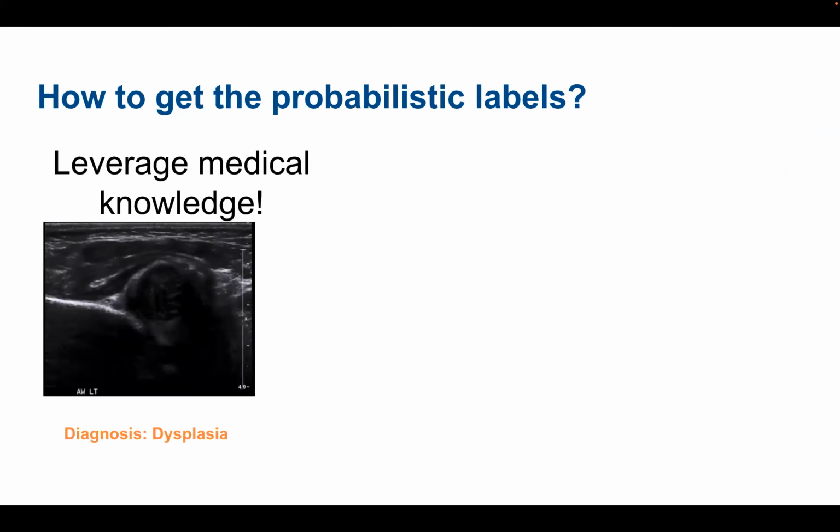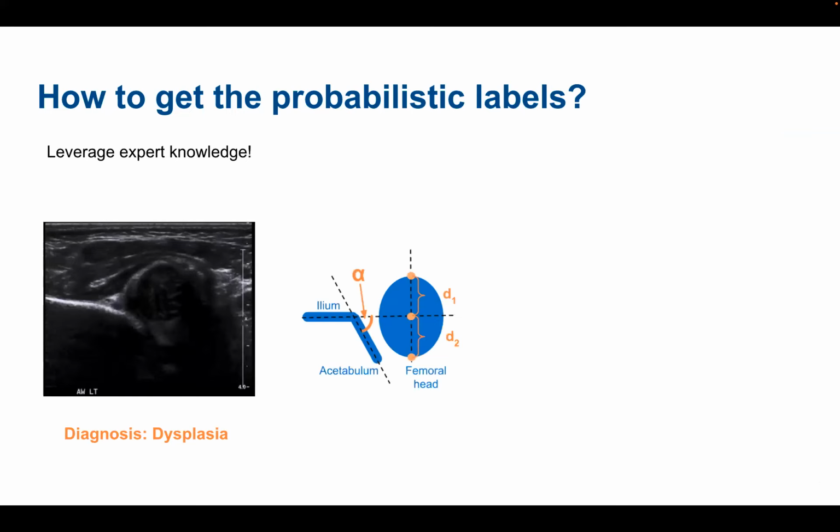For example, you have this image, and the physician told you that they have dysplasia. Then you measure these 2 quantities manually. This is done during the training phase. You manually take your ruler and your, I forgot the name of the tool for measuring angles, but you measure the angles, and then you measure the ratios.